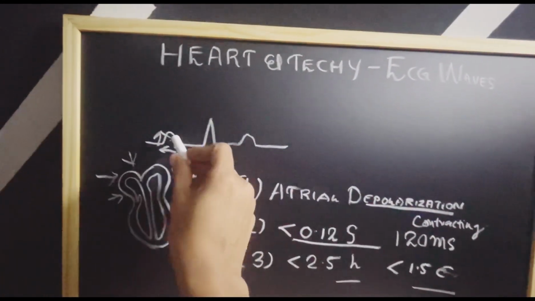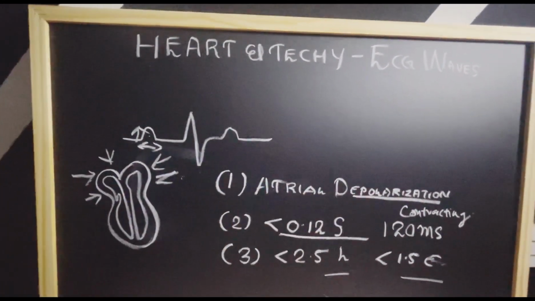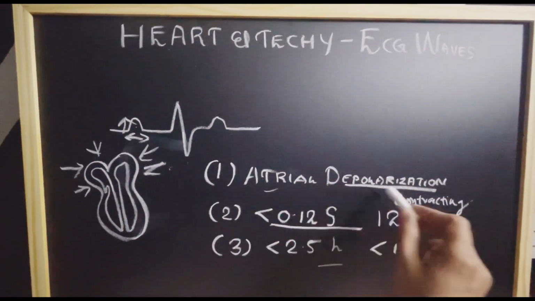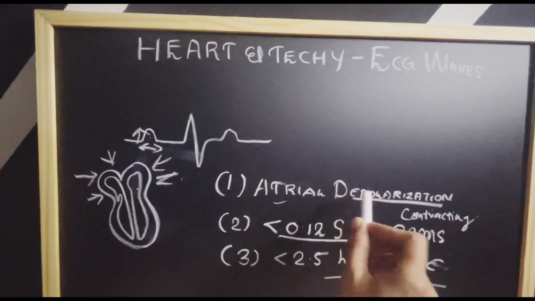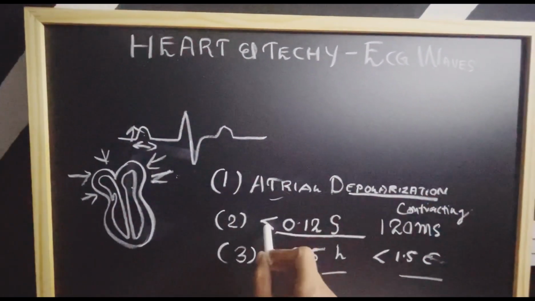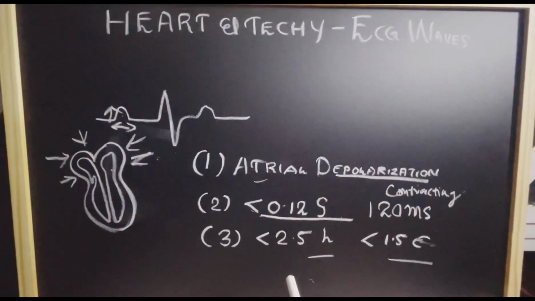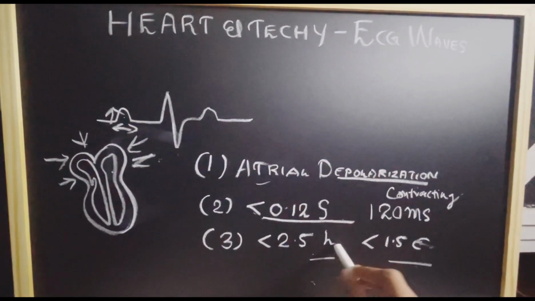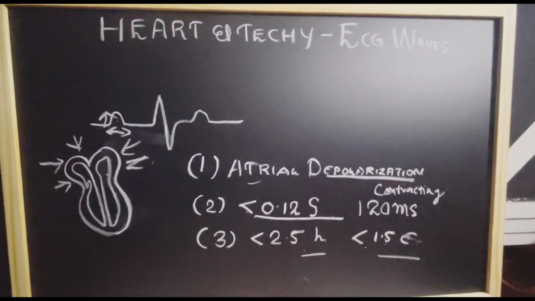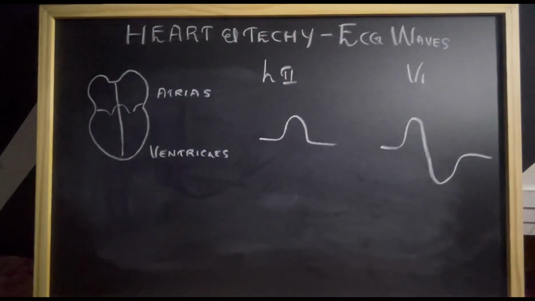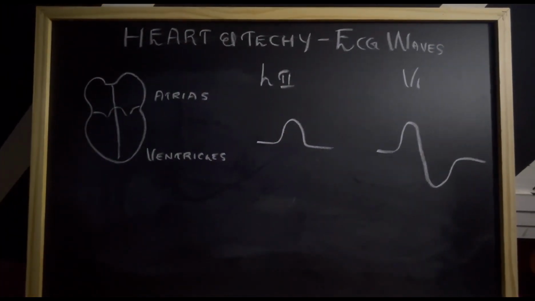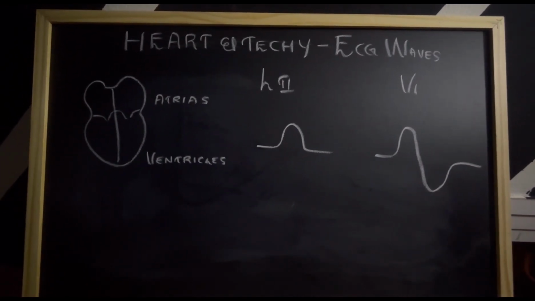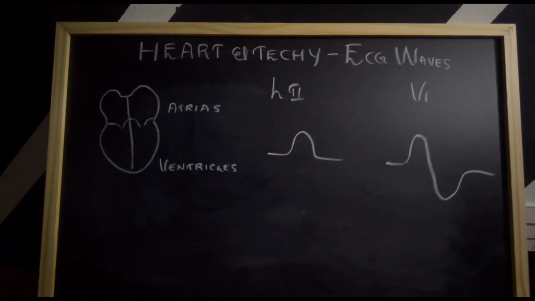The P wave is the first positive deflection we can see in the ECG. It represents atrial contraction and the duration is 120 milliseconds. The amplitude will be less than 2.5 in the limb leads and less than 1.5 in the chest leads. The P waves can be very well visualized in two leads, lead 2 and V1. As I told you, the P wave represents the atrial contraction.